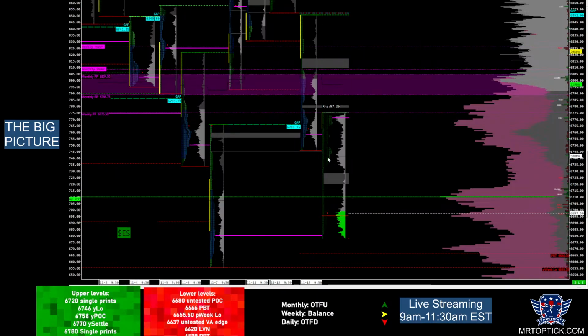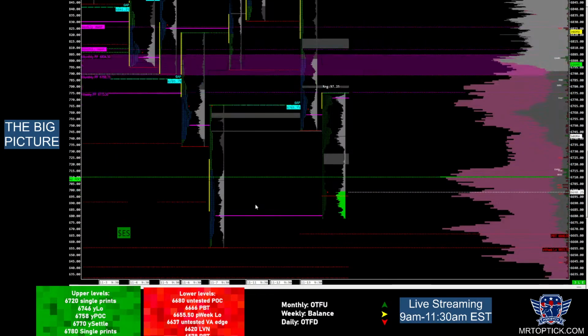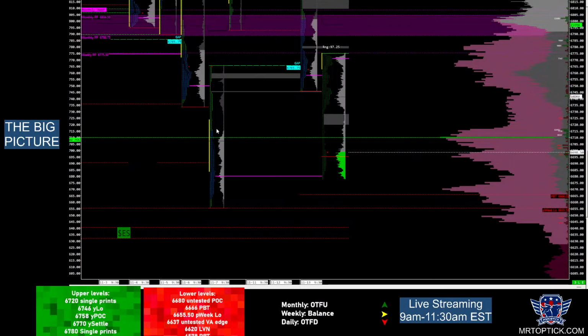And now overnight we're dropping more. We're back to the 90-day point of control. We're back inside value for this session. So in order to continue this value area sweep, which is the setup that I always look at, if you come back into a range's value, then we should look for a sweep to the other side of value.